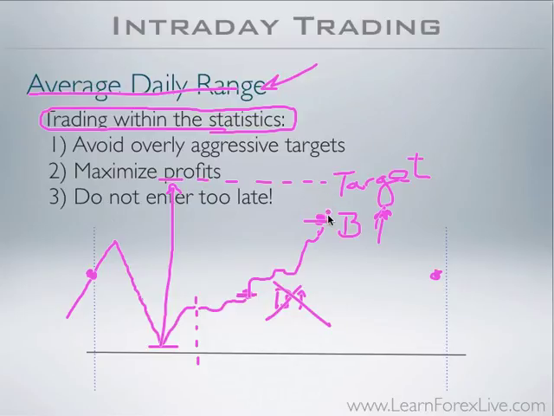So if the entry point is kind of close to the exhaustion point, do you really want to take that entry? Is that really a good idea, that buy entry so close to the exhaustion point?